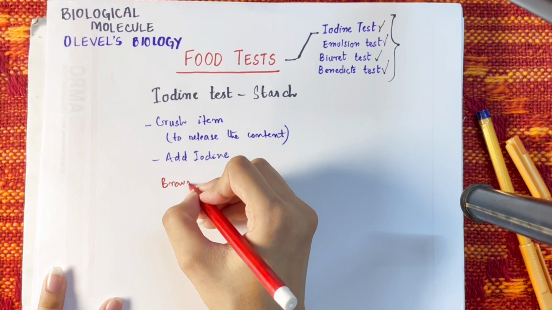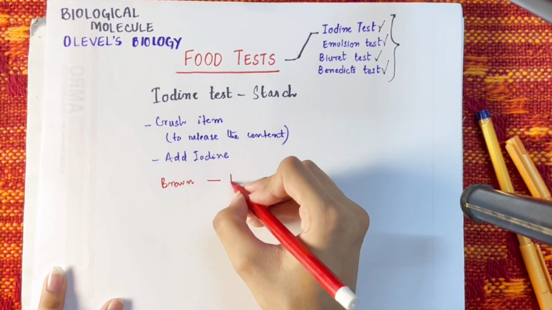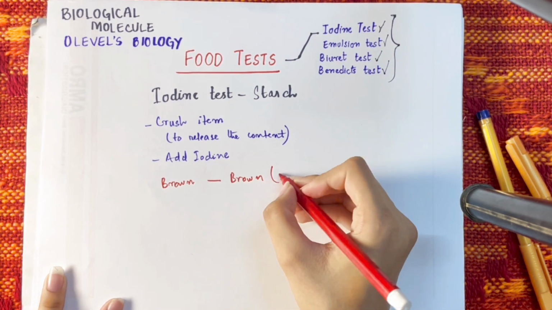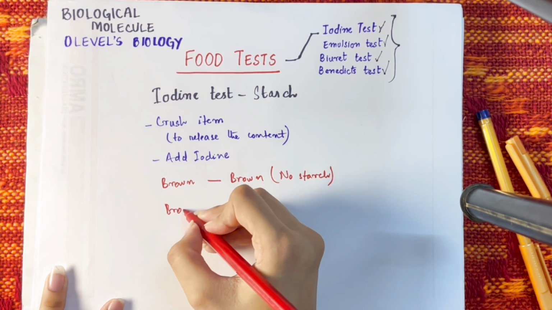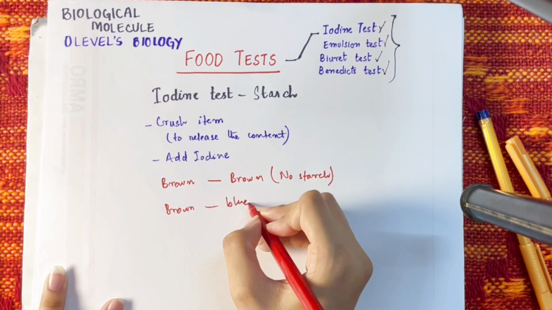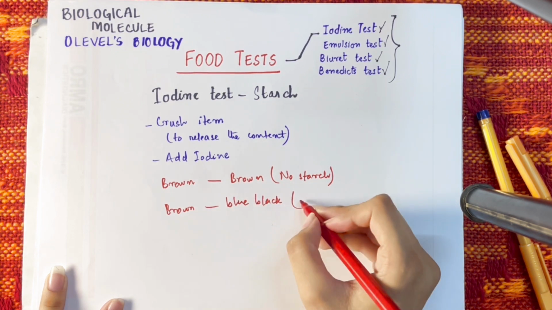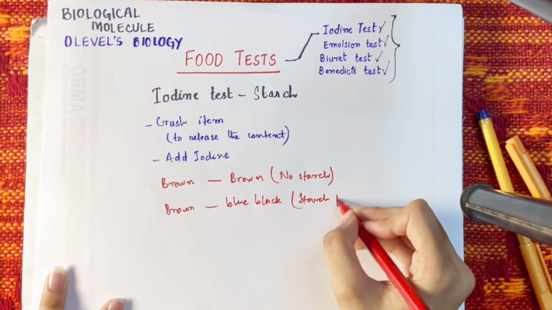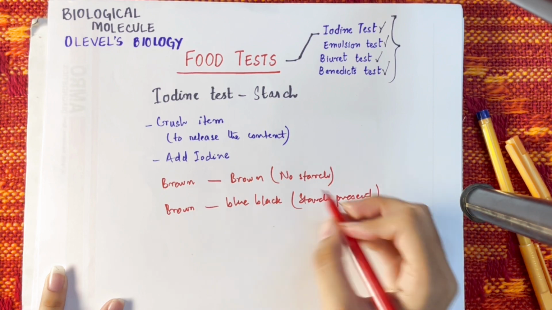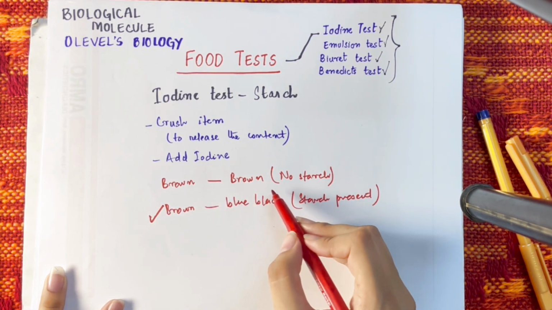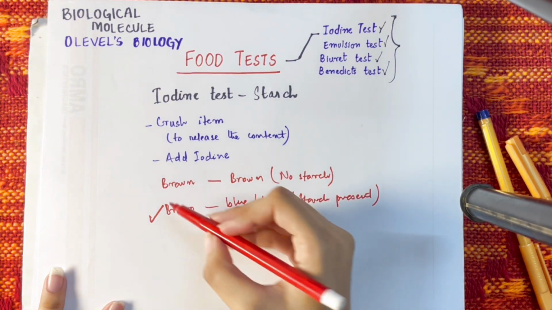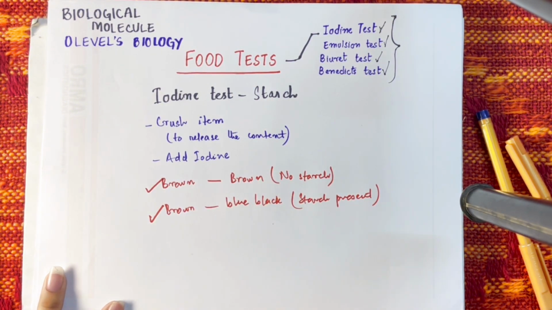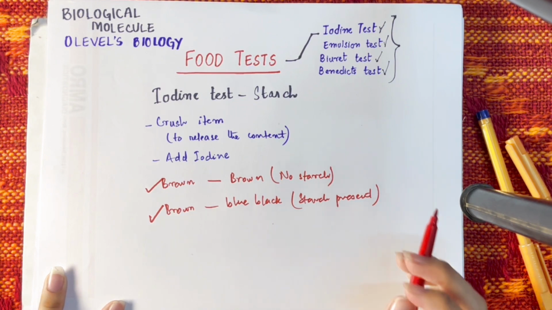If it remains brown, then we say that there is no presence of starch. But if the color changes from brown to blue-black, then we say that starch is present. If there is no change in the color, it remains brown, then we say that starch is absent after adding the iodine solution to the crushed food item.